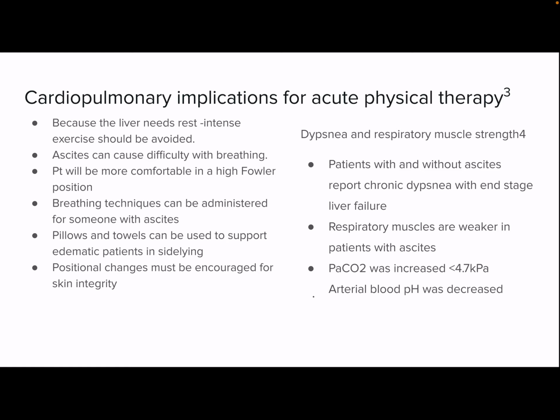A study about dyspnea and respiratory muscle strength showed that patients with and without ascites report chronic dyspnea with end-stage liver failure. Respiratory muscles were weaker in the patients with ascites, and the PaCO2 was increased to a little below 4.7 kilopascals, and the arterial pH was decreased.